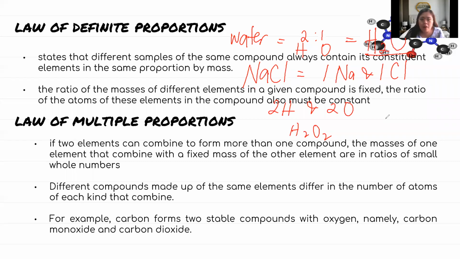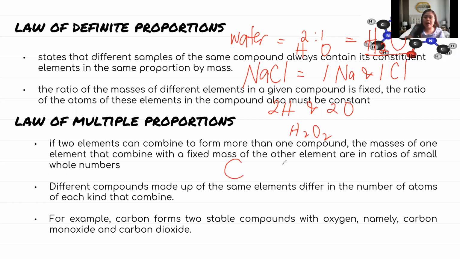And then different compounds made up of the same elements differ in the number of atoms of each kind that combine. So, ang ginamin-an ng multiple proportions, class, kay 2 or more elements can combine, pero pwede sila lahi-lahi og proportion para mag-combine po og lahi-lahi nga compound.